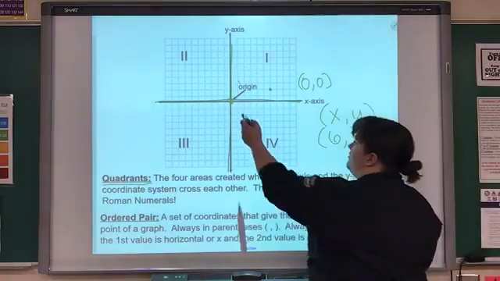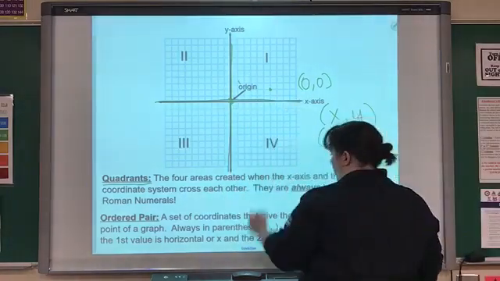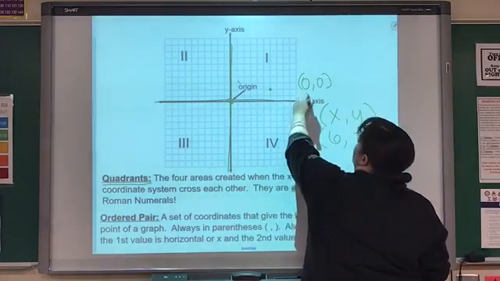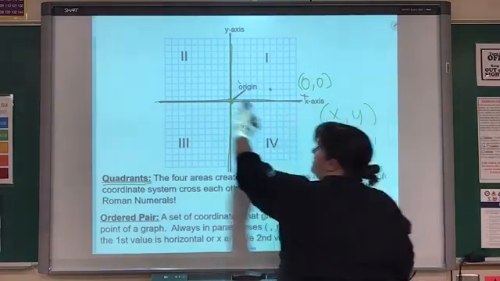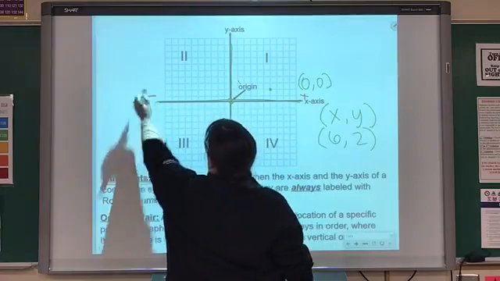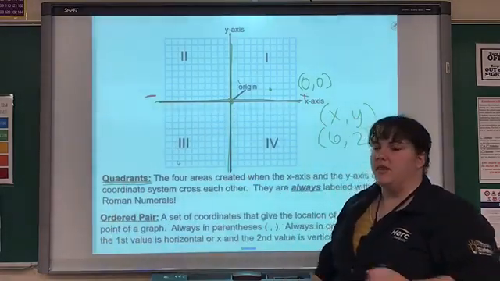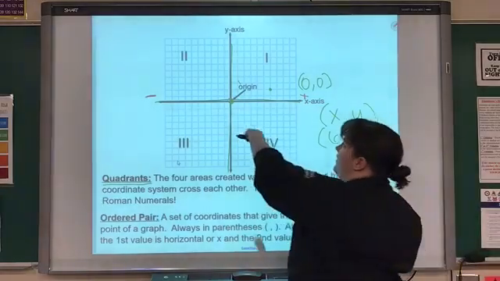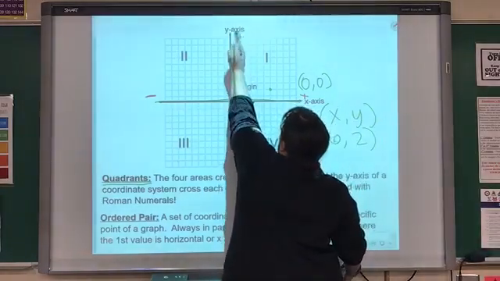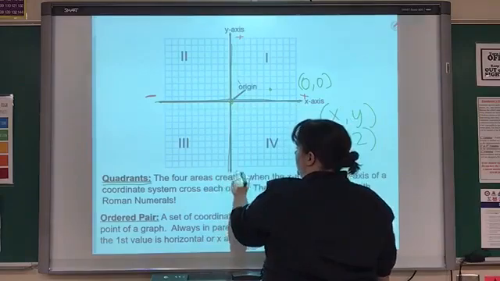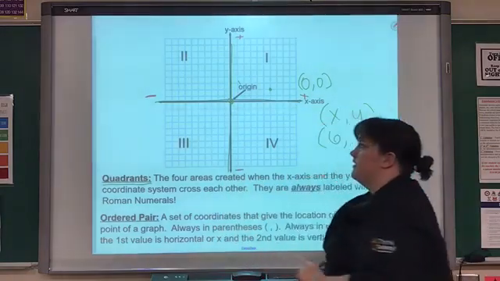Now, if we move to the right, we are becoming more positive. If we move to the left, we're moving more negative, just like we did with our number lines. Then, if we're moving up, again, it's positive, and if we're moving down, it's negative.